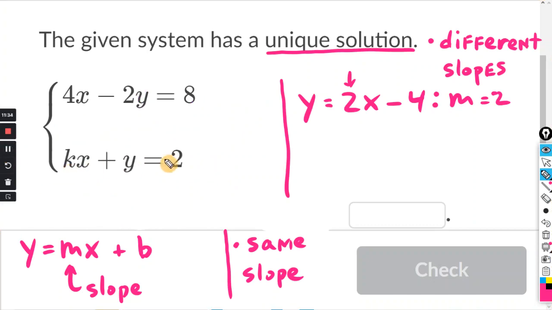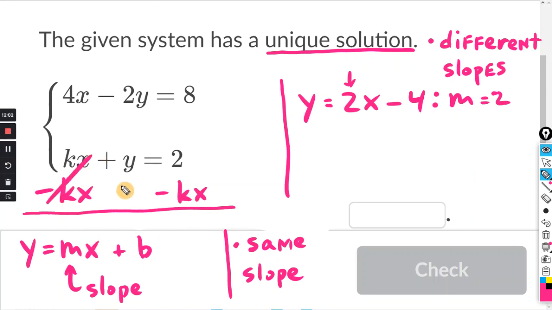All right, now the bottom equation, same thing. We want to solve for y so we can get our slope. We have a positive y here. Let's just get the kx on the other side. Here we have positive kx. The opposite is negative kx. We could do that to both sides. kx minus kx cancels. Bring down your positive y.